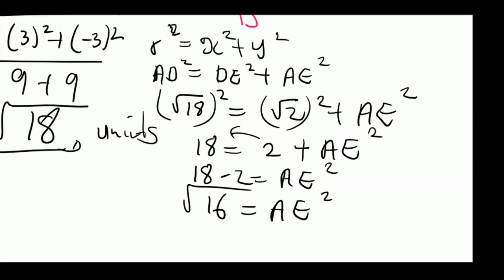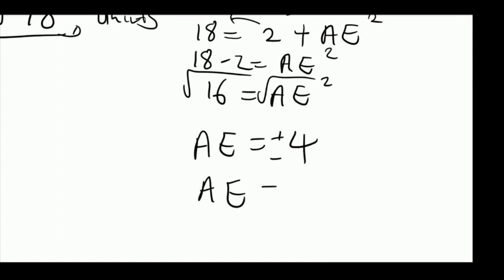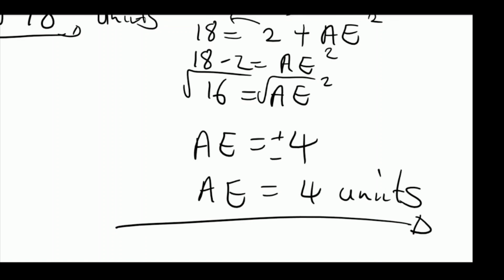And find the square root of this, you're going to have AE being equal to 4. So it's plus or minus 4, but because we are looking for a length, we're just going to take the positive sign. So it's 4 units. So this is the length of AE.